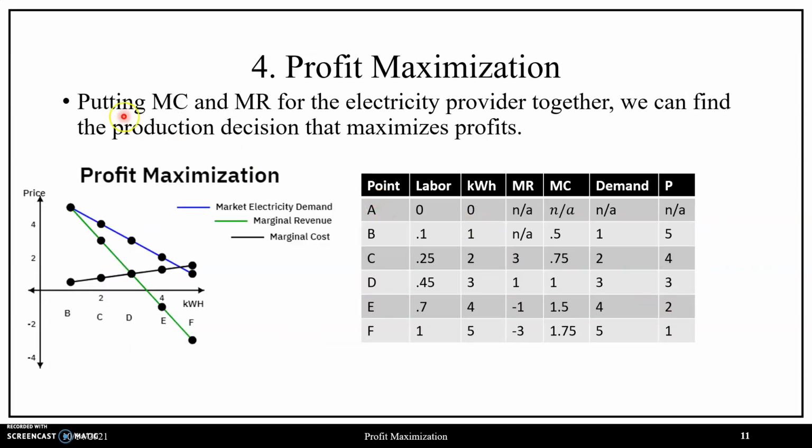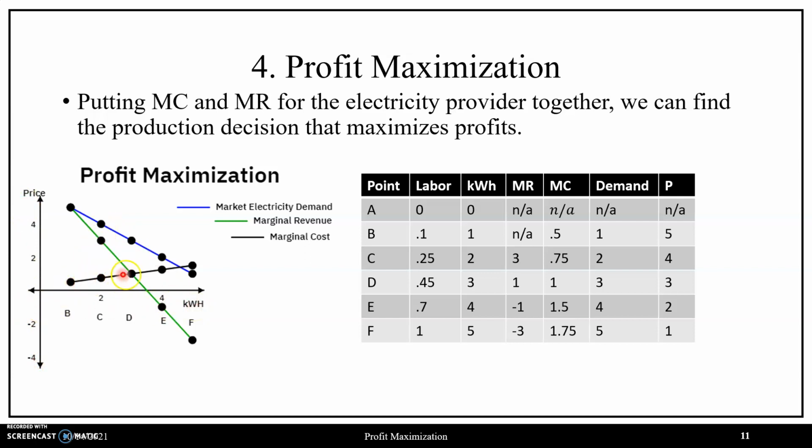So then, with our information in terms of marginal cost and marginal revenue for the electricity provider, let us put the two together and go through our profit maximization process to find our production decision that maximizes profits. So here we have our profit maximization process, in which price is on the vertical axis, quantity of electricity in kilowatt hours is on the horizontal axis.